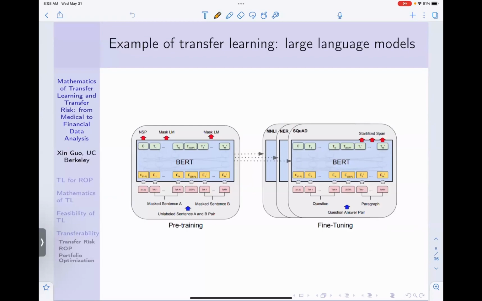One of the most well-known examples of transfer learning is probably now, because of ChatGPT, the large language model. Large language models use a huge amount of data and a large network where you train a lot of things. You collect as much relevant data as possible and you train on it, which is called pre-training.